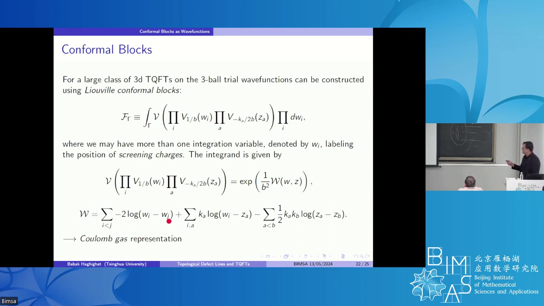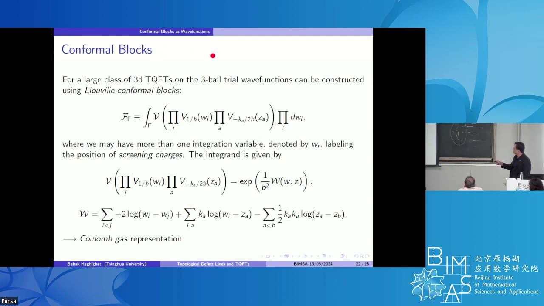These w coordinates you integrate over; the z coordinates are the actual positions of your particles. So you have these particles, in this case on a torus, in this case just a sphere. They end on certain points: z_A for particle A. They're basically numbers on the complex plane. And these other guys, the w's, are integrated.